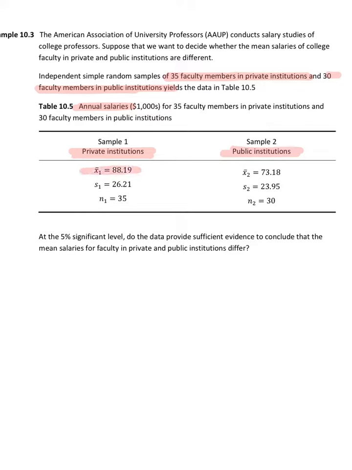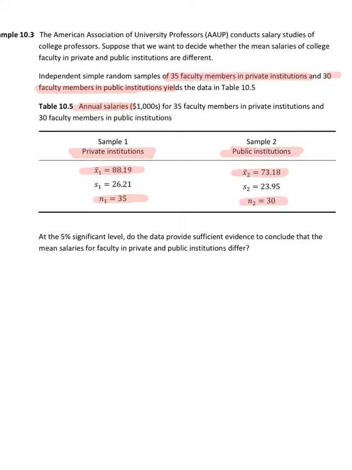Here's the x1 bar, the sample mean average from 35 faculty members from private school, and this one is the other sample mean from 30 faculty from public.